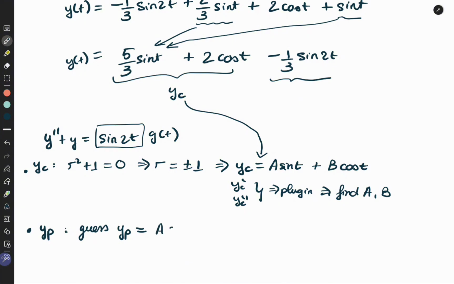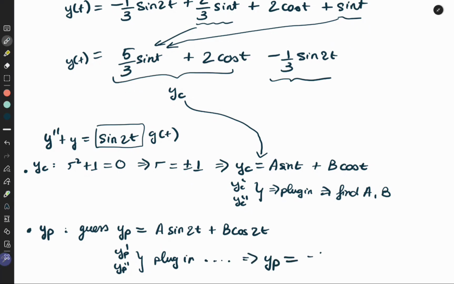It turned out to be a sine 2t plus b, I mean b cosine 2t. The particular solution is like that. And then you take the first derivative, second derivative again. Then you plug in, blah blah blah. Eventually you're going to see that your particular solution will be negative 1 over 3 sine of 2t, which is here.